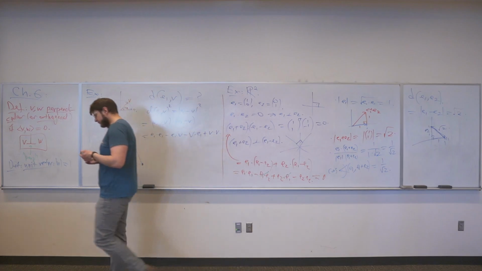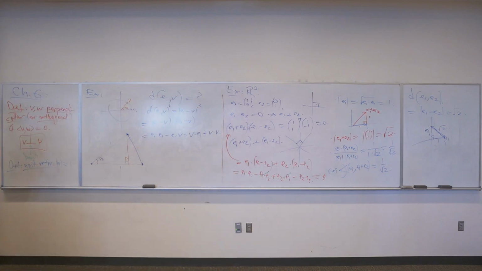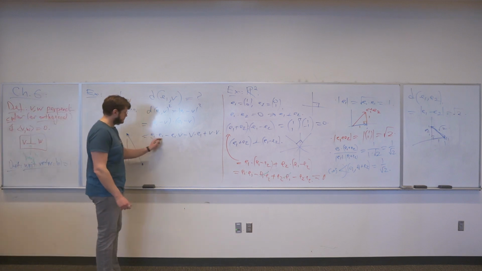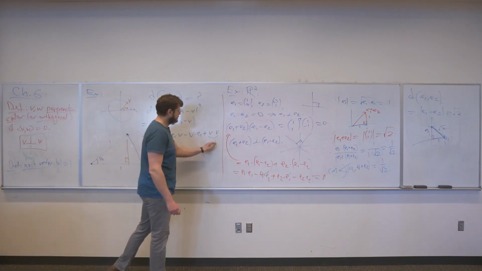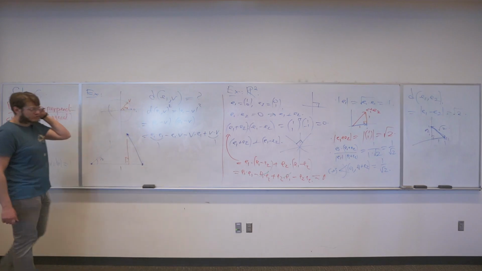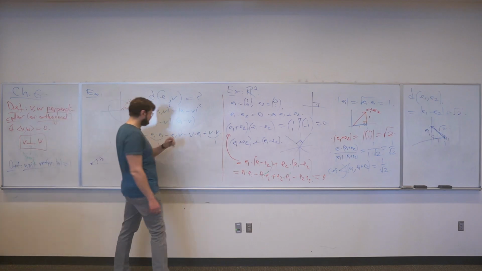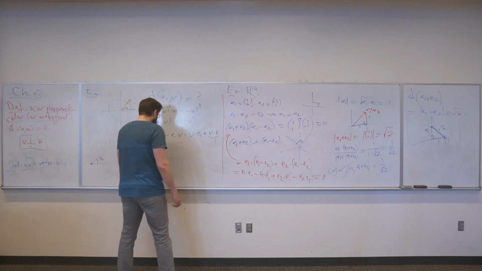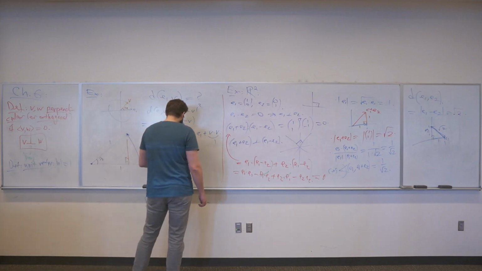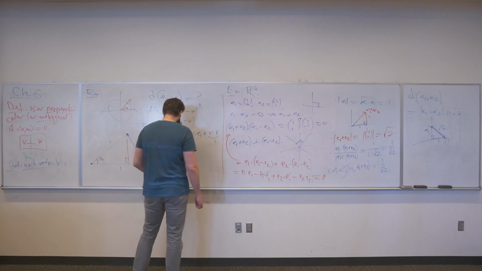Okay, so we have this by the rules. E1 dot E1 is the norm squared of E1, but since E1 is of unit length, this is just 1. This is also just 1, because I know that V is on the unit circle. So somehow I need to compute this dot product. So this is minus 2 times V dot E1.